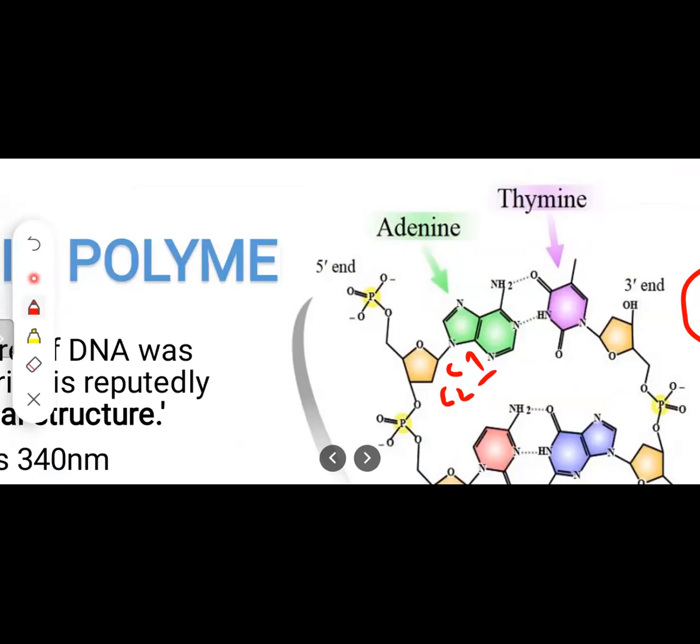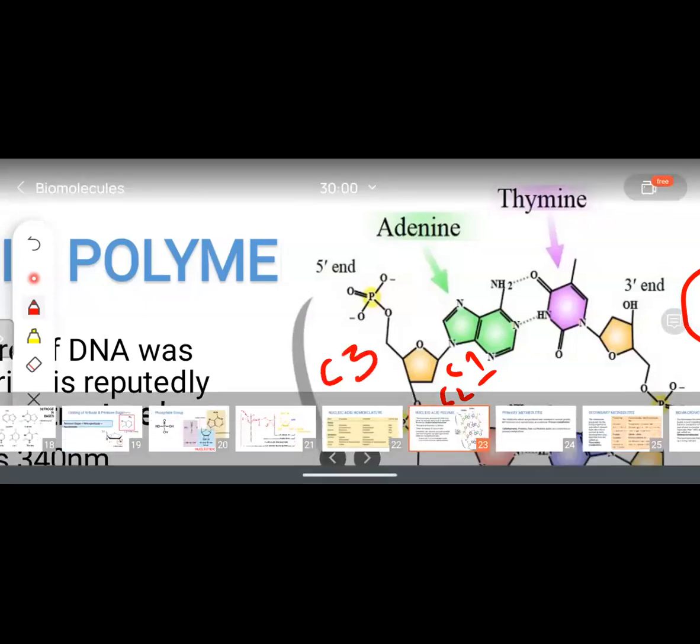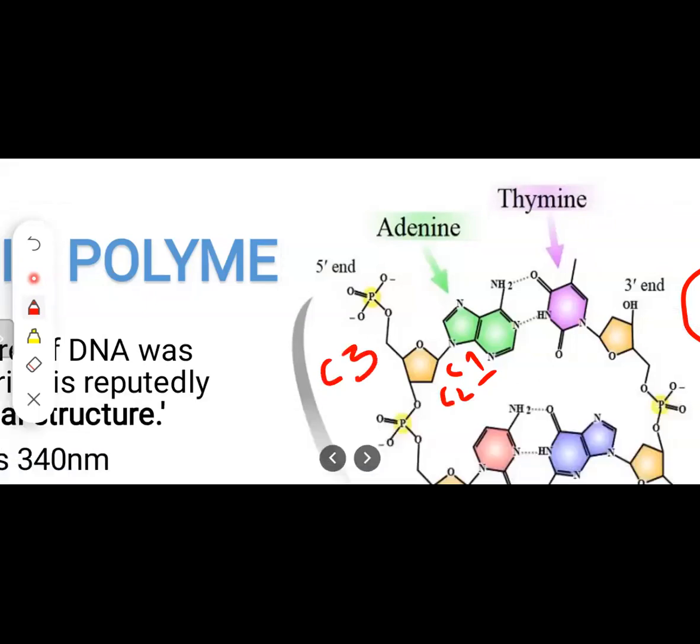Now the important concept for polymerization of nucleotides is the C3 OH group and the phosphate molecule. This is the important one we are talking about in nucleotide polymer formation.